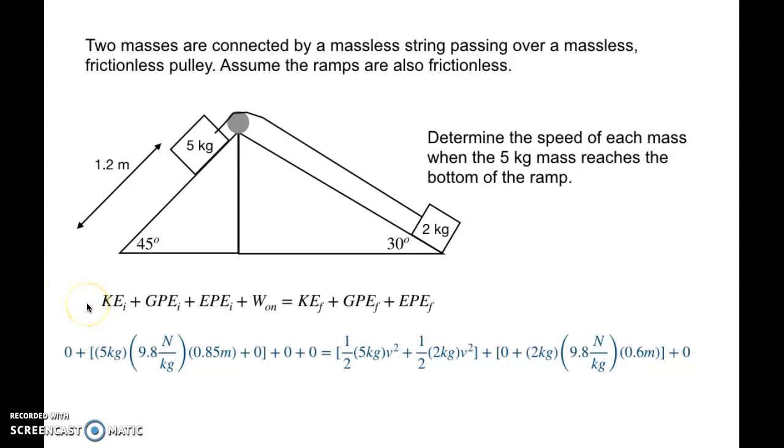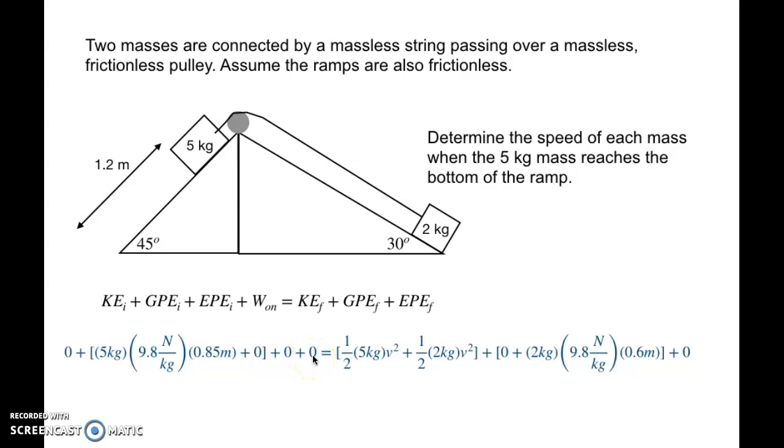Turning to our conservation of energy equation, both boxes start out at rest, so initial kinetic energy is 0. Initial GPE, we have mgh for the 5 kilogram box. Initial GPE for the 2 kilogram box is 0. No elastic potential energy because there are no springs anywhere in our system.